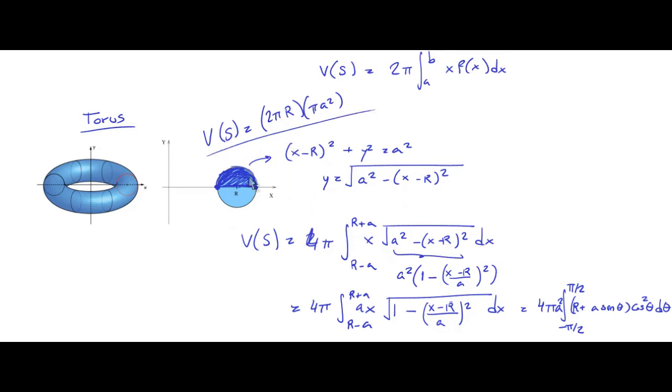We're taking the area of the circle, which has radius a, so it has area pi a squared, and we're multiplying it by the perimeter of a circle of radius r, which is 2 pi r. Okay, so this is another way of thinking about this volume, right? Another, maybe more intuitive way. Here we have solved this using integration.